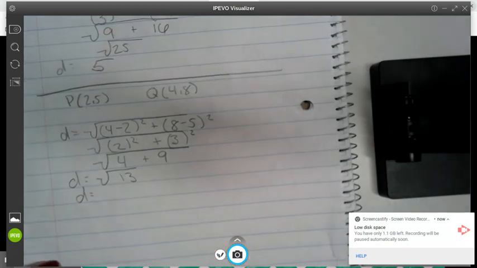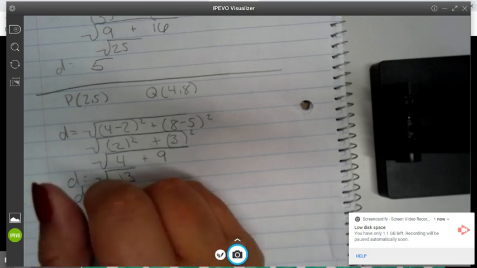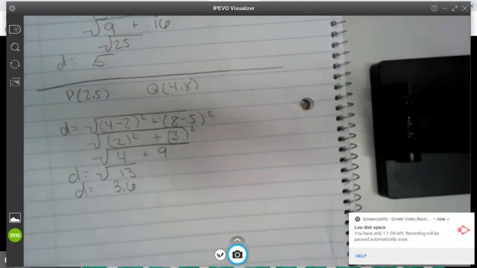And then D, you can leave it at the square root of 13, or you can find the square root of 13. If you want to use your handy dandy calculator, it can either be the square root of 13 or D equals 3.6.